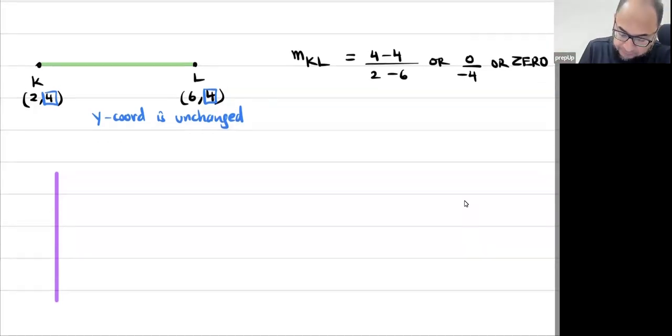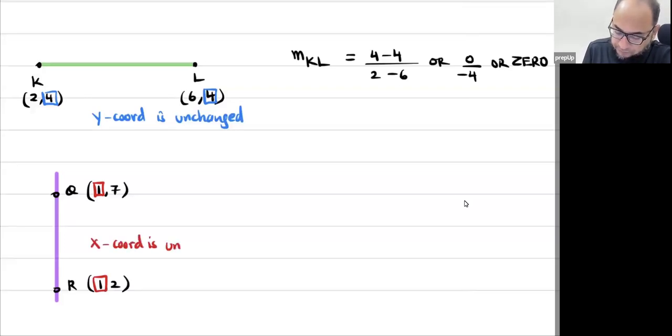On the other hand, if I talk about Q and R, this is 1, 7. This is 1, 2. What do you observe over here? We observe that the X coordinate is unchanged.